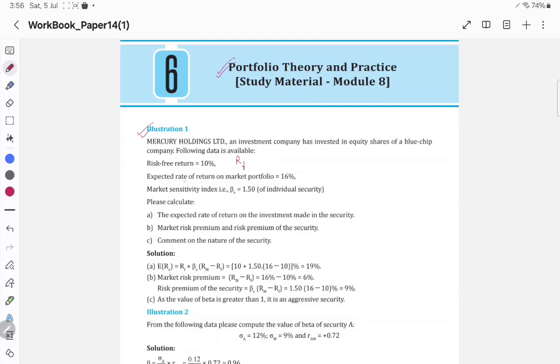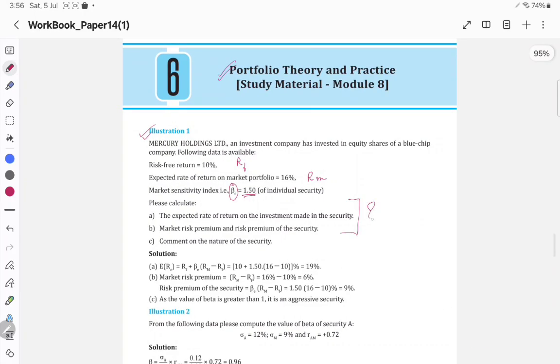The expected rate of return on market portfolio, basically the return on market, is 16%. Market sensitivity index, which means beta of equity, is 1.50. The question requires you to first calculate the expected rate of return on the investment made in the security.